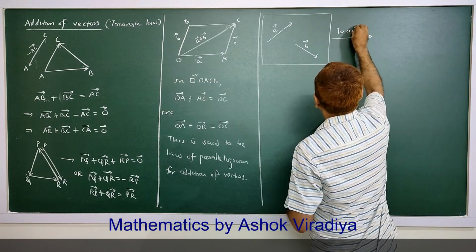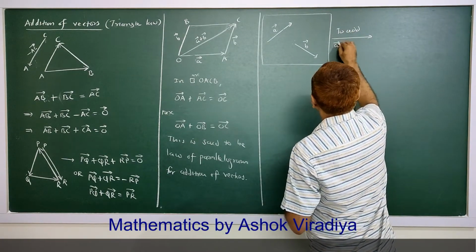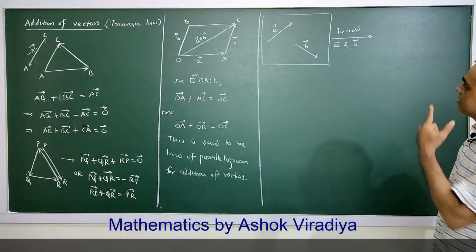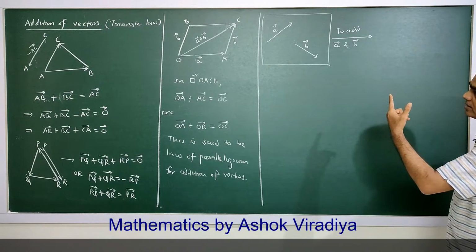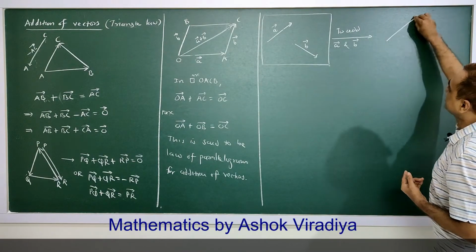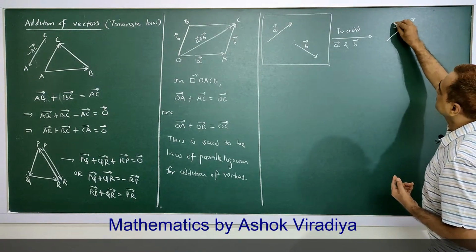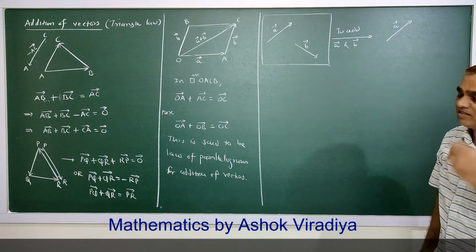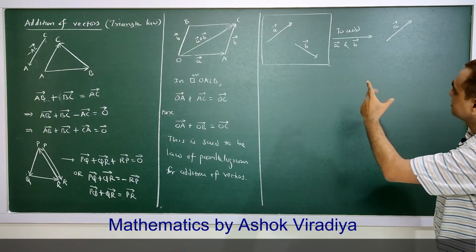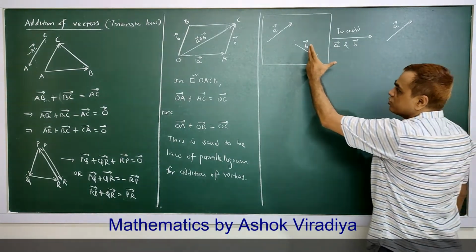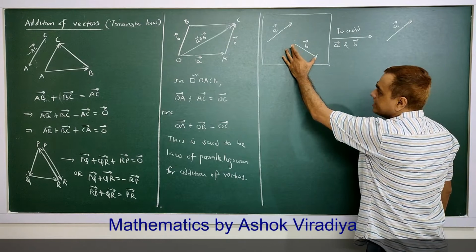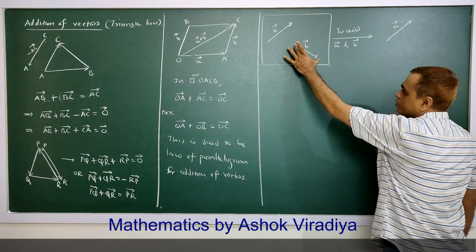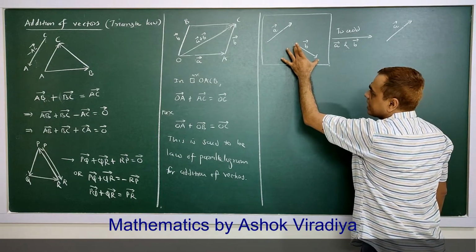We want to add A bar and B bar, or vector A and vector B. The procedure is, this first vector is A bar. Now second vector, without changing direction and magnitude, copy and paste here.